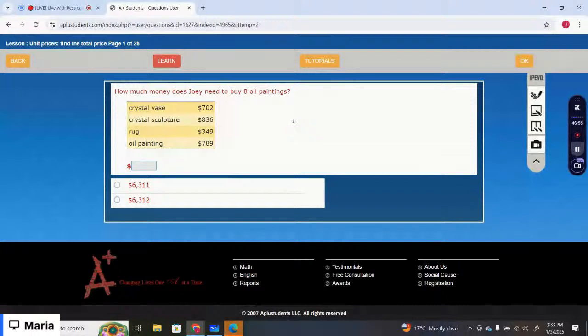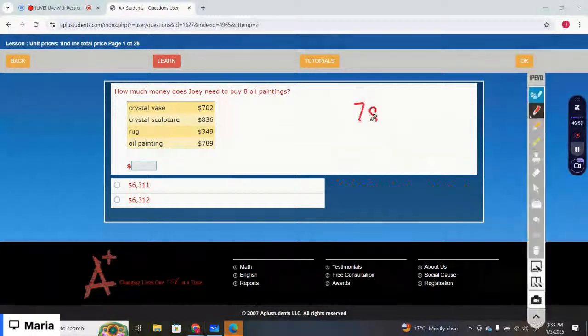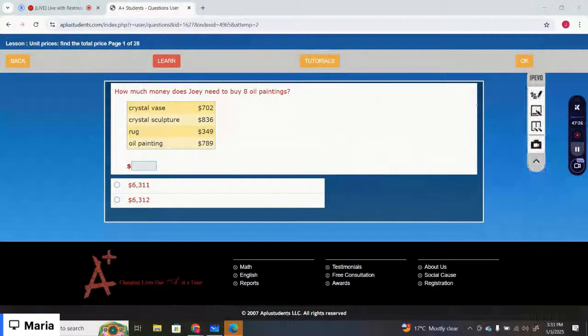So one oil painting is 789. So eight oil paintings means 789 times 8. 8 times 9 is 72. 8 times 8 is 64, 71. No, that's not 2, that's 8. 8 times 8 is 64. 8 times 7 is 56 and 6, 763. That is 6,312. Option number 2 is the correct option.